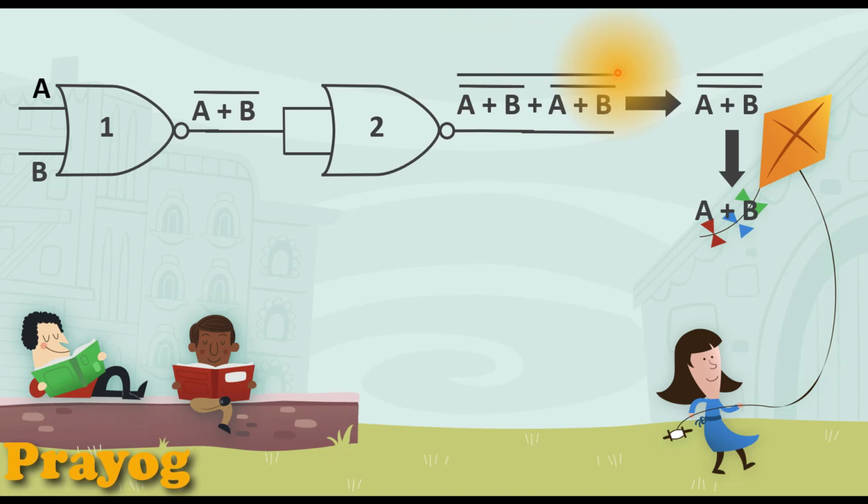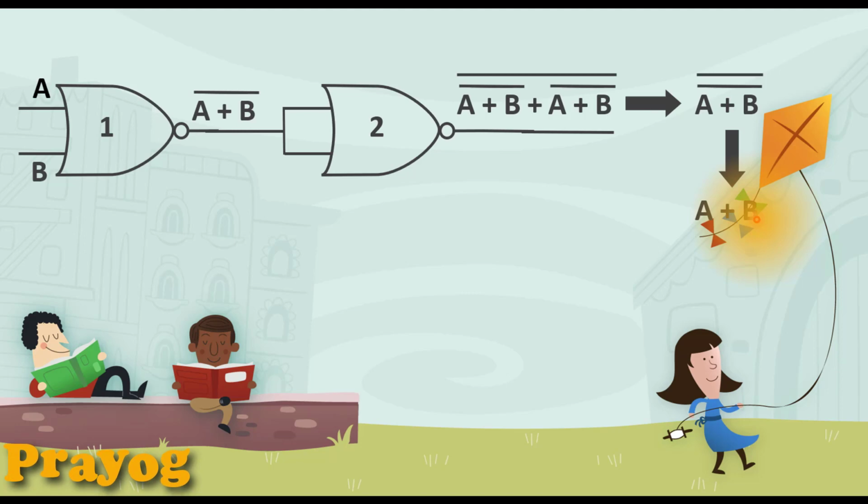Recall another theorem, X bar bar is equal to X, so that A plus B bar bar becomes A plus B. Consider the output of an OR gate. OR gate has an output A plus B. This shows that NOR gate can also be used to design an OR gate.